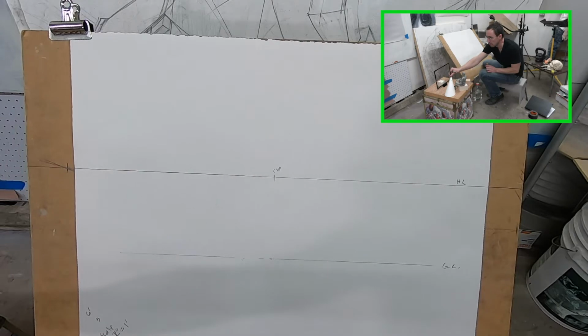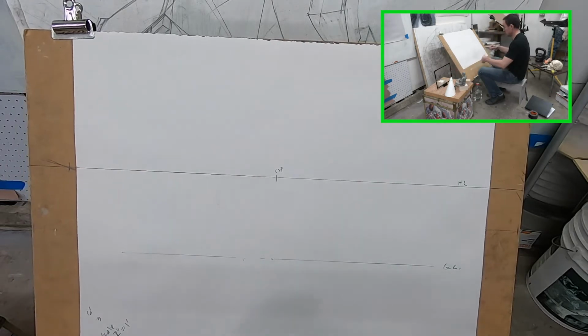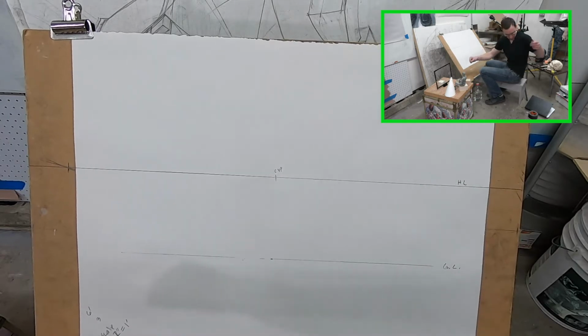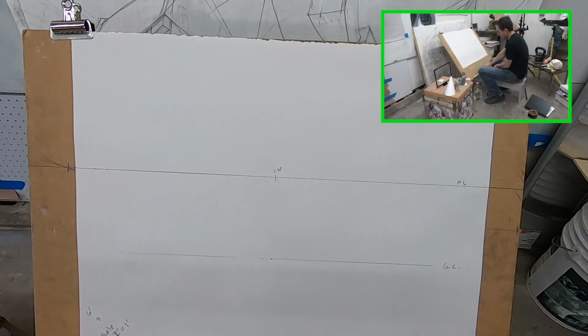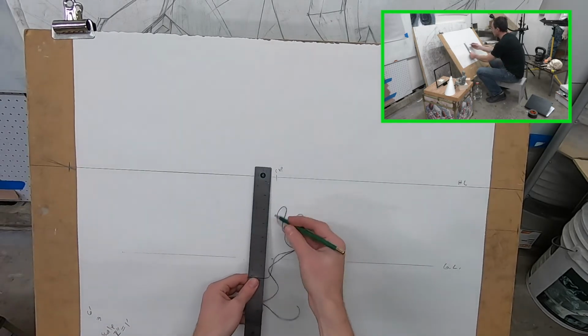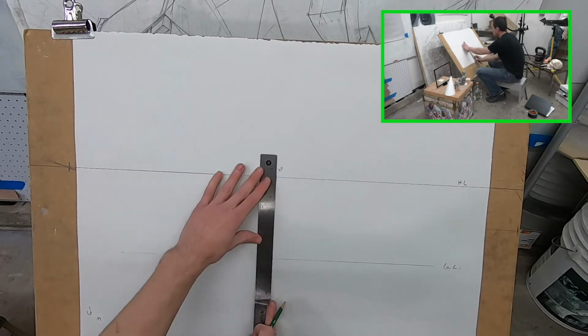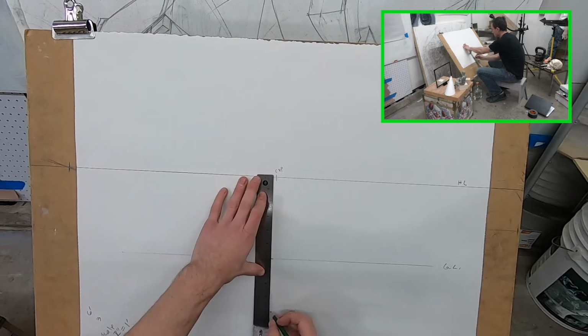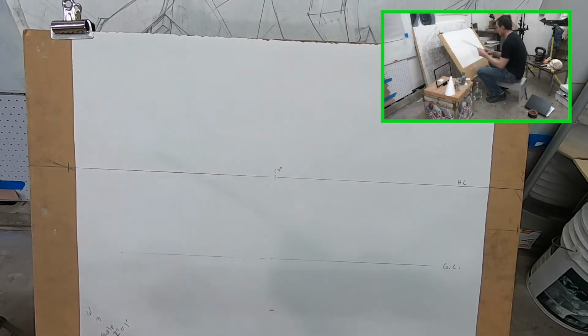So the picture plane is 5 foot away from the artist. And I always like to use string, and I would encourage you guys to use string as well. So if that picture plane is 5 foot away, then at 2 to 1, we're going to have a 10-inch cone of vision.